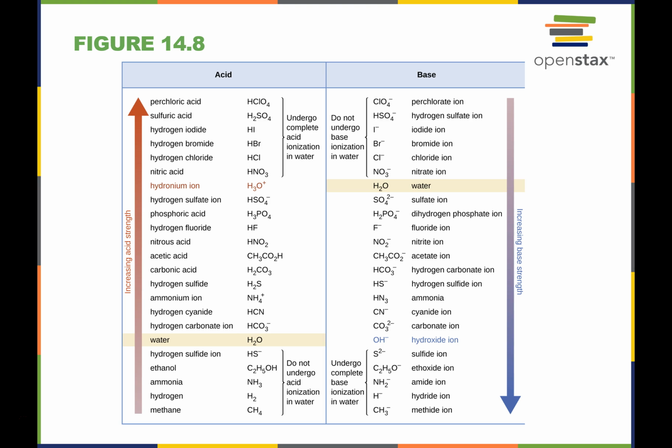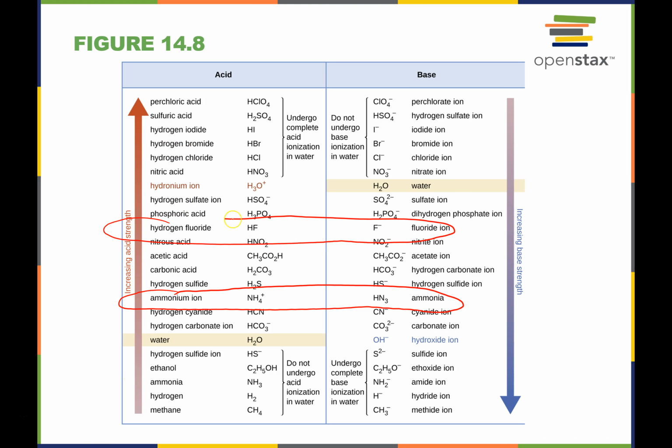But okay, so we've seen this before, but now if we look kind of horizontally, we can pick any. So for instance, if I go across, see how that works? They differ by a proton. Those are conjugate acid-base pairs. Go down here too, they're just all strong.